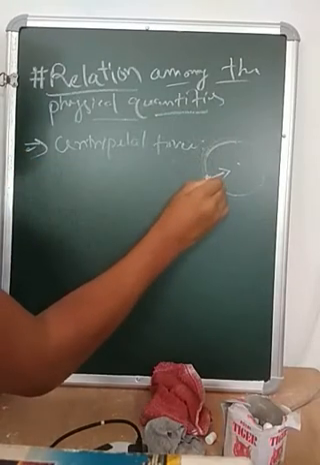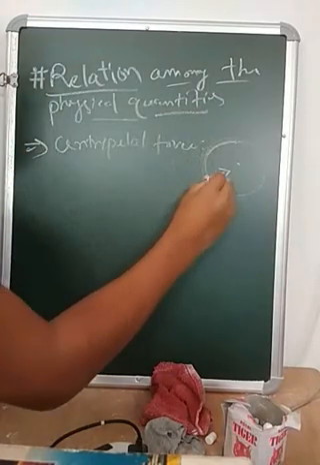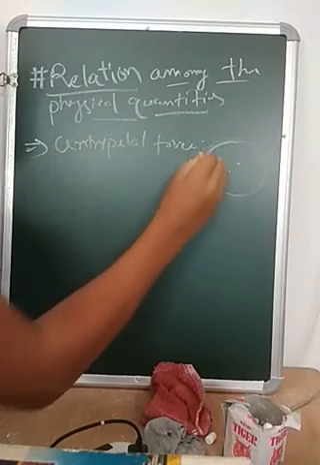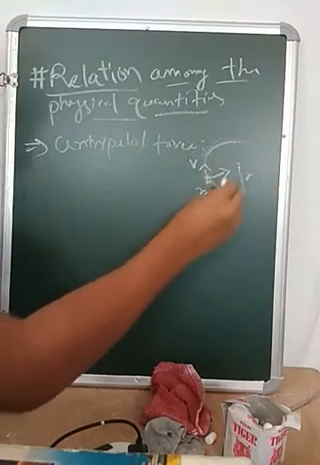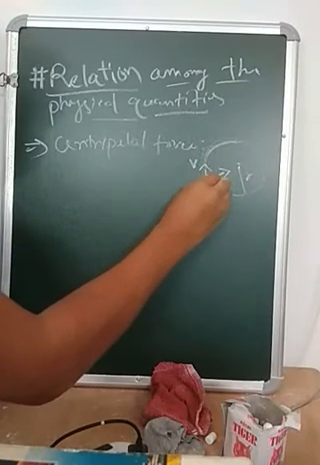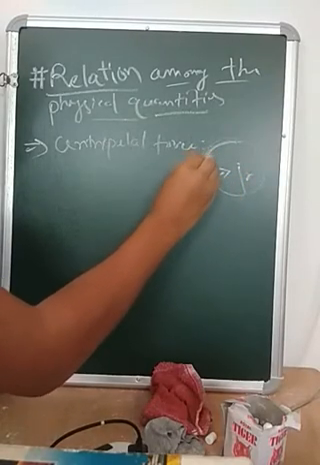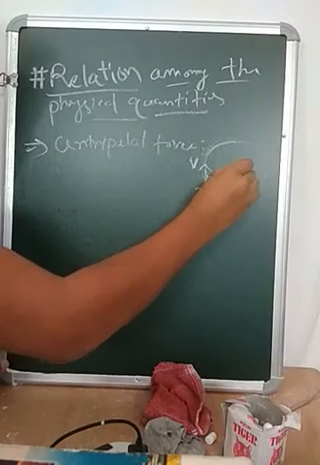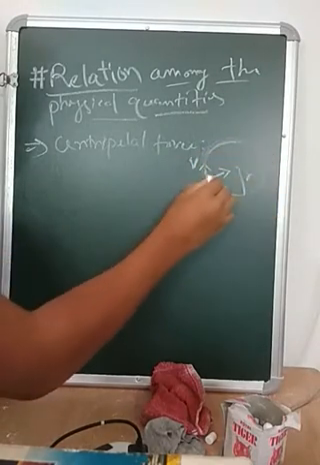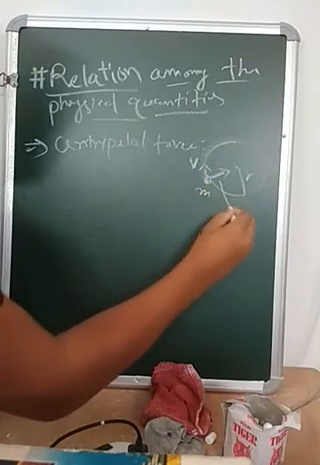An object of mass m is moving with velocity v. The radius of this circle is r. So when a body of mass m moves with velocity v in a circular path of radius r, it will experience a force towards the center. This is called centripetal force.